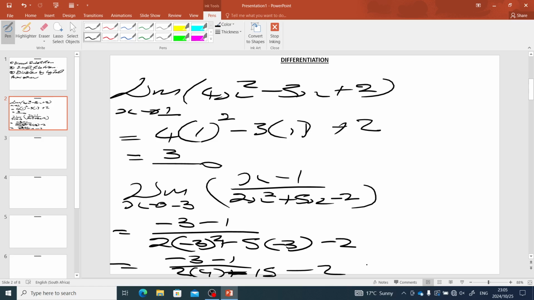Then we get our final answer, because at the denominator we will get 18 minus 15 minus 2, which gives -1. Then -4 divided by -1, we get our answer as 4.